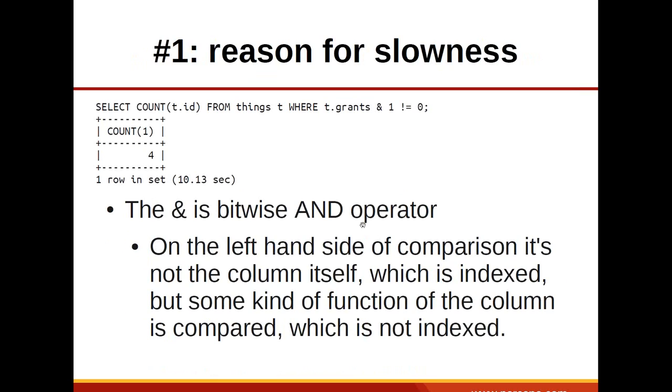So what happens here? It is the bitwise AND operator, and this way the left-hand side of the comparison is not the column itself, but some function of a column which is compared to the value on the right-hand side.